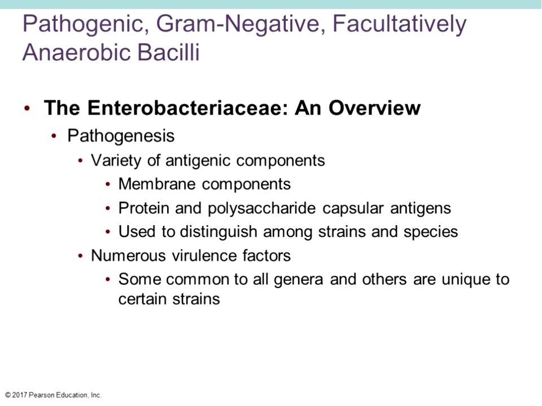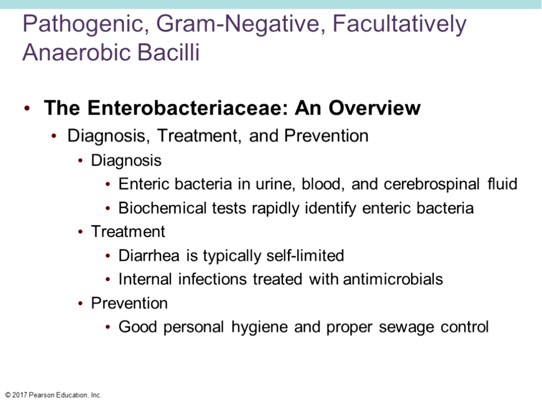Iron binding compounds will take up iron and make it available to the bacteria, but unavailable to other cells. And then they have what are called type 3 secretion complexes, and polysaccharides that are made by various different pathogenic enteric species. So there are several different virulence factors that this family of bacteria, these gram-negative, facultatively anaerobic bacilli, can utilize to make it easier for them to set up disease.